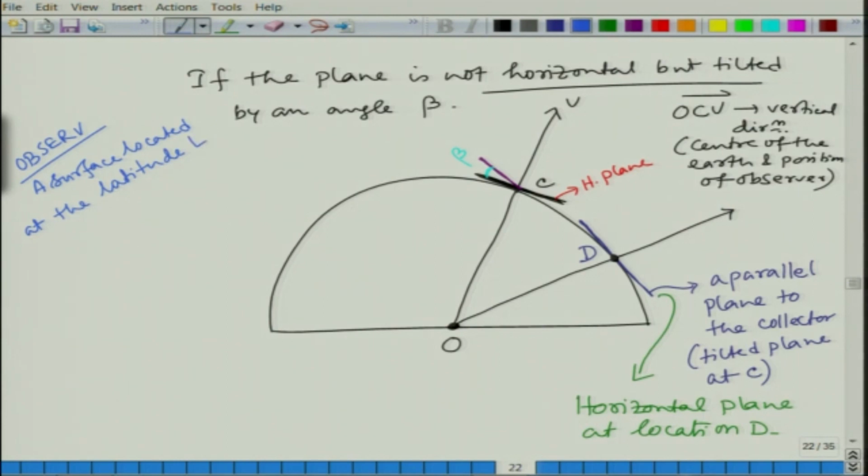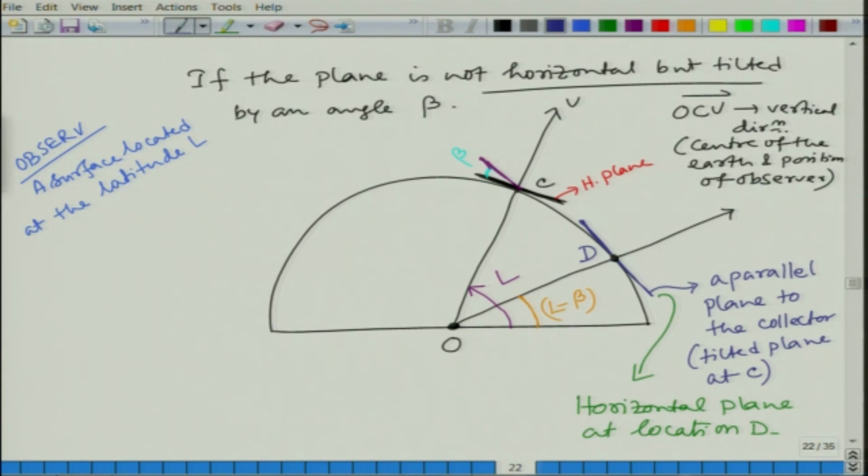So, let us say the latitude here of the original position C is L, and the latitude here for the point where the horizontal is parallel to the collector, that is L minus beta, right. Because you can see that if this particular collector plane is parallel to the horizontal here at D, then the latitude has to be L minus beta. They are on the same plane.